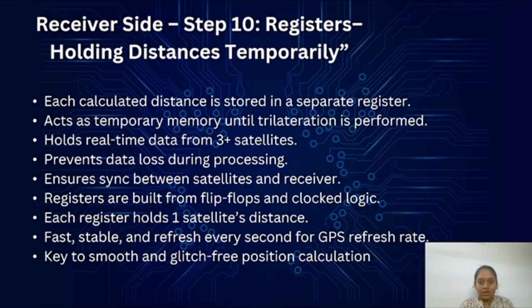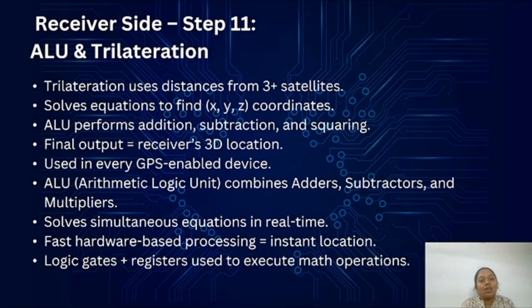So now next is step 11, also from the receiver side, the ALU and trilateration. In this step 11, now that we have the distance to each satellite, and all the distances are stored in registers, the actual task of calculating the location begins. This is called trilateration.